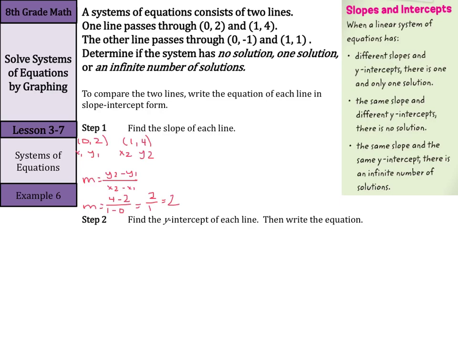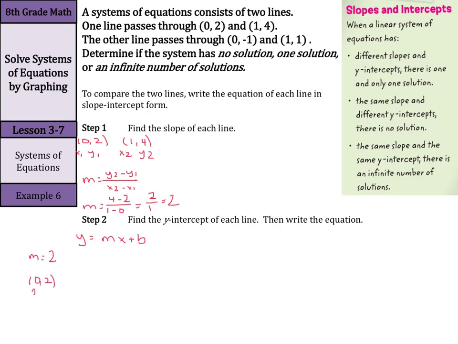We want to find the y-intercept of each line, then write the equation. So we can start with y equals mx plus b. We know here our slope is 2. Now we can use the point (0, 2), and wait a minute, our y-intercept by definition is when x is 0.